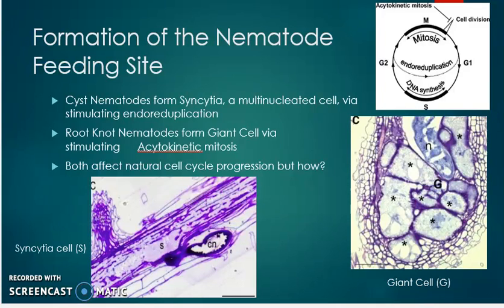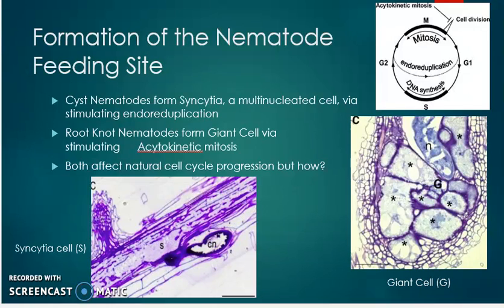A form of arrested mitosis is also stimulated in cells called endoreduplication. This is where cell cycle progression is stopped after DNA synthesis but before mitosis, resulting in elevated gene content.